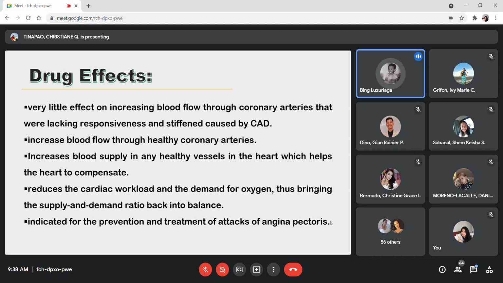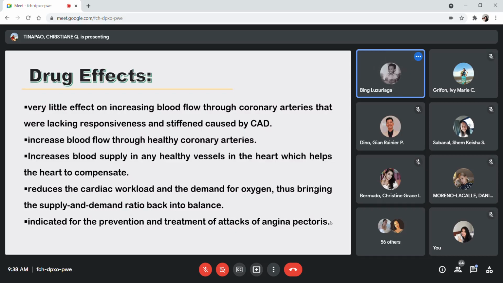What are coronary blood vessels? These are blood vessels supplying the heart. Coronary means heart. So it's only during diastole that the heart muscles are supplied with blood. The blood that goes into the chambers does not supply the heart.